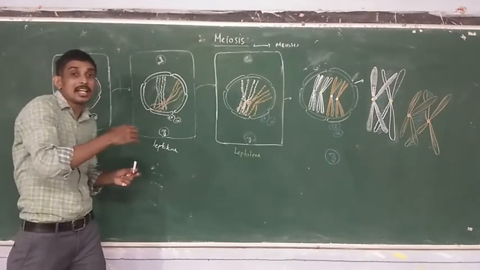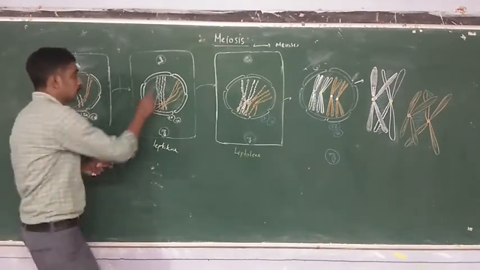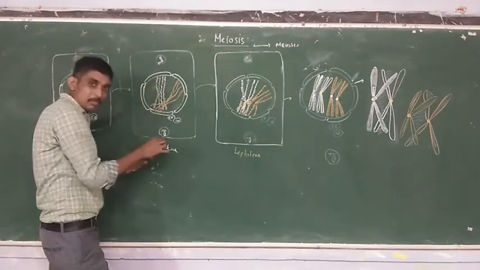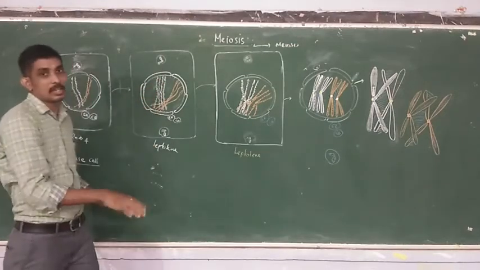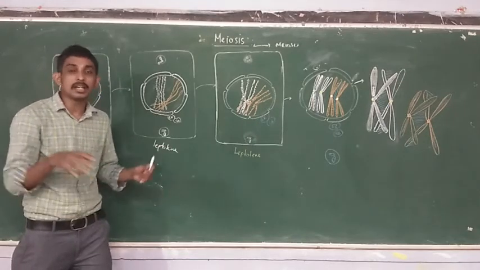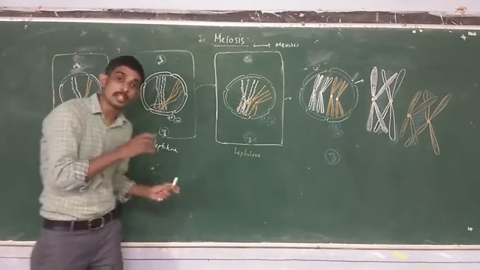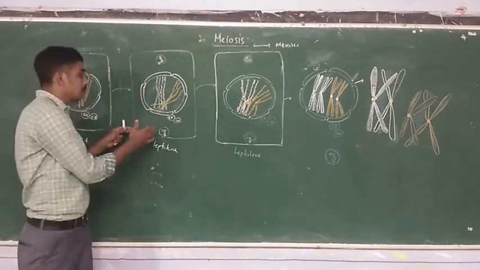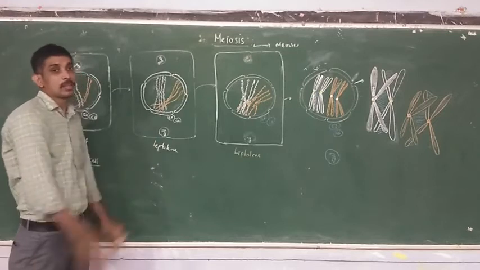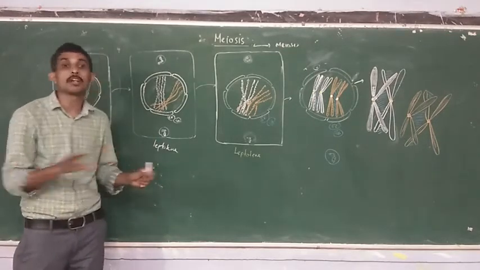Here the DNA started to condense into chromosome. So the chromosome can be visible but not clear. In the leptotene stage, we can see the chromosome, but it is not clear because the condensation is not completed here.